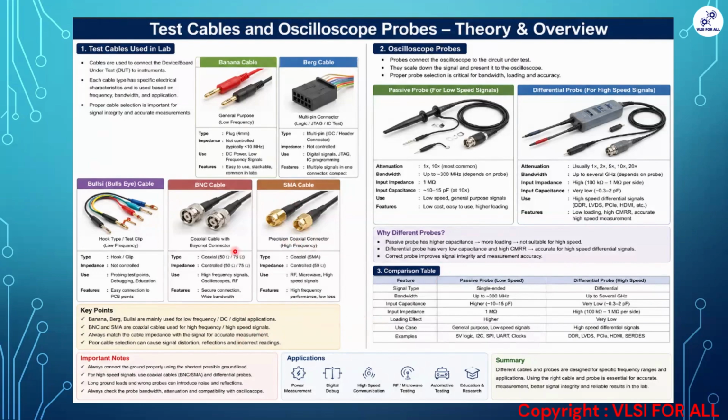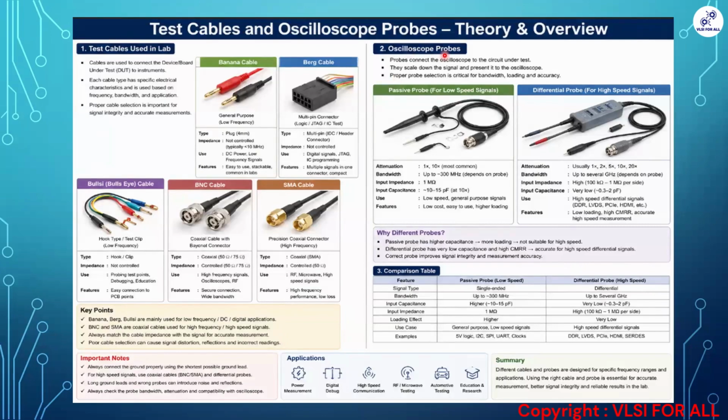So basically, for low speed IPs, we'll use BNC cable connection. For high speed IPs, we'll use bullseye. So this is one type of validation setup, how to connect which probe. Here the oscilloscope is mainly having two probes.